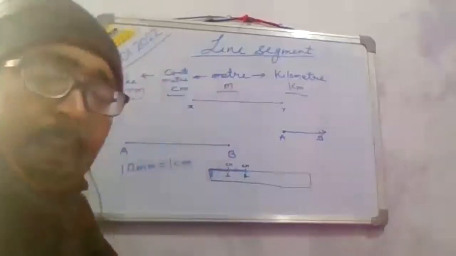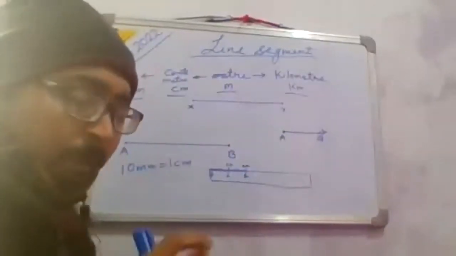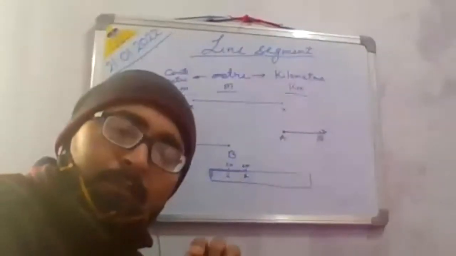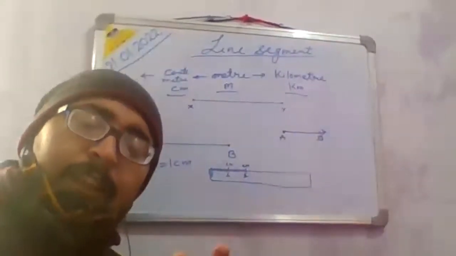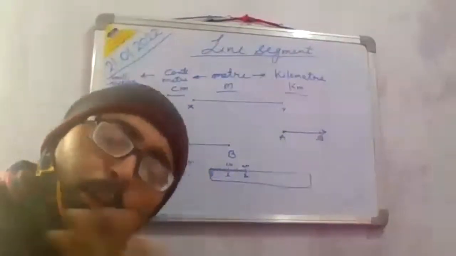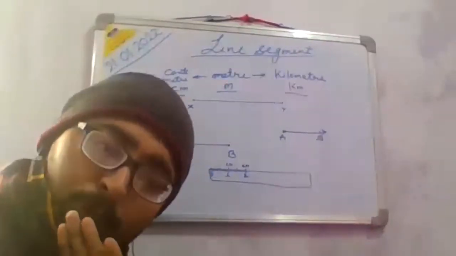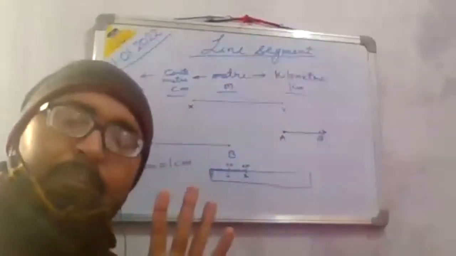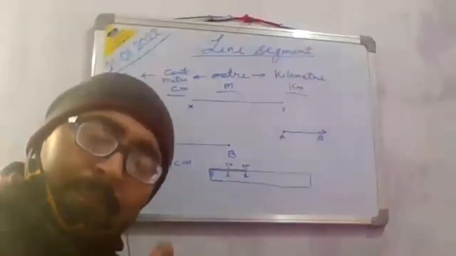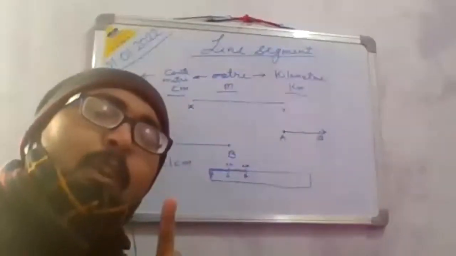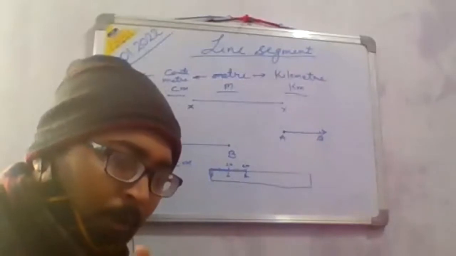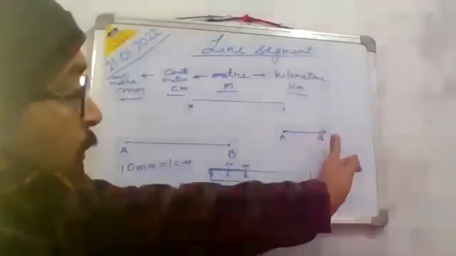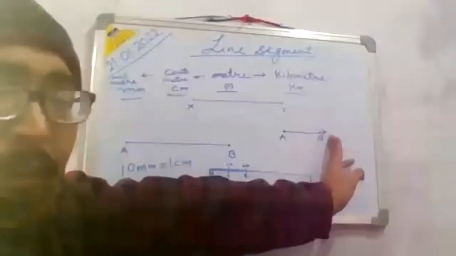Always remember that whenever you have a line, ray or line segment, I have explained in these classes that in a line there are no end points, they have no definite length, they can't be measured. In a ray there is 1 end point, and on the other end it has 1 arrowhead.